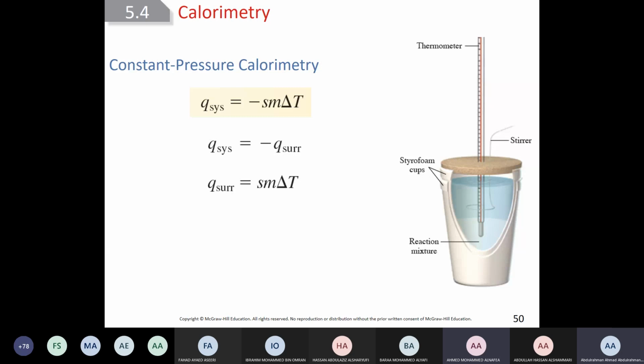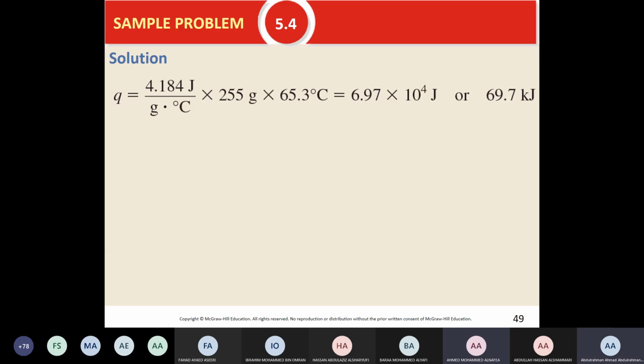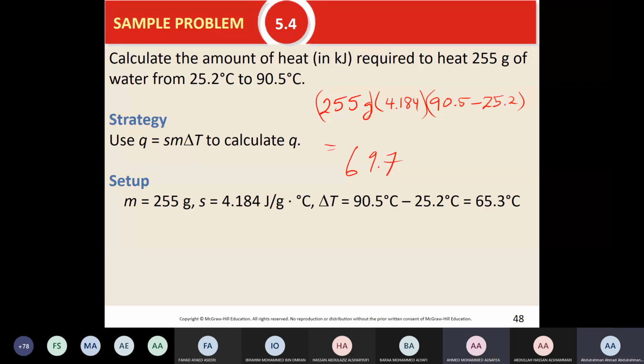Doctor, but he needs kilojoule, isn't it? No. It's kilogram. Oh, okay. So we multiply it by 10 to the power 3, because I wrote it 69 already. Joule, or 69.7 kilojoule. Doesn't matter.